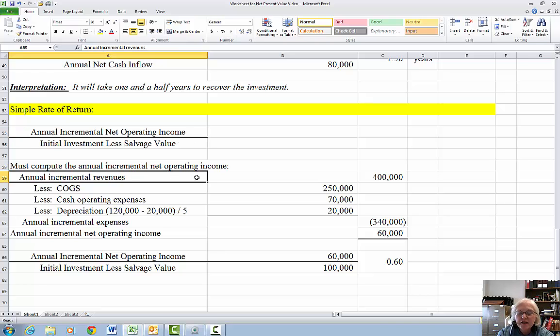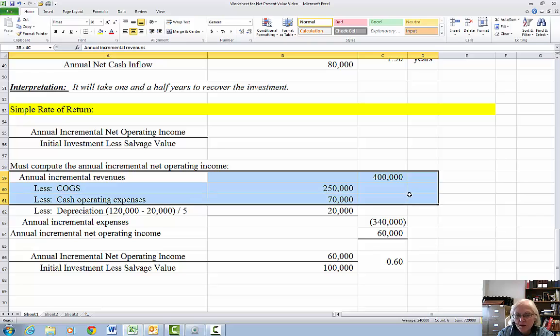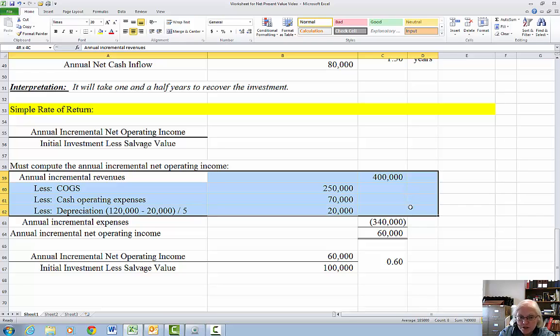So I need to take my total revenue of the 400 minus the cost of goods sold of 250 and minus the cash operating expenses that we used earlier of 70. Now to get operating income, we also need to subtract out our depreciation, which is cost of 120 minus our salvage value of 20 divided by the years of 5, so that gives us $20,000.